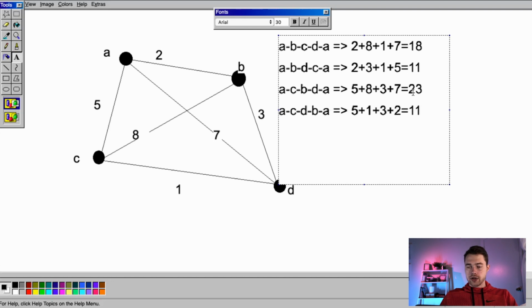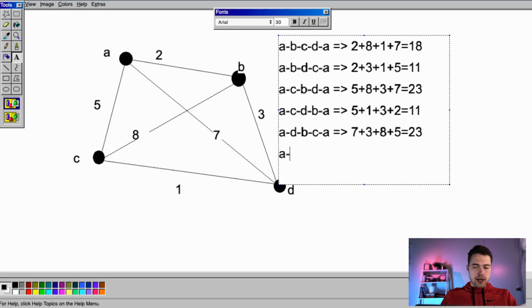Okay, that's good. So this 23 is out of the question, and this 11 is good. Then A, D, B, C, A gives us 7 plus 3 plus 8 plus 5 equals 23. That's also out of the question.